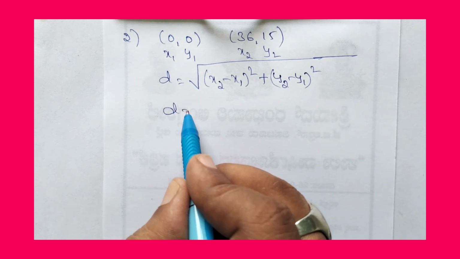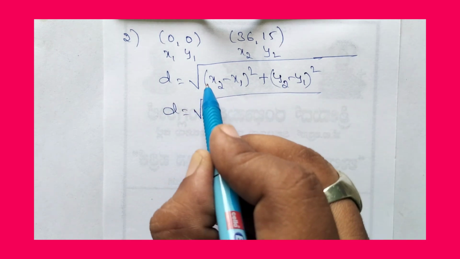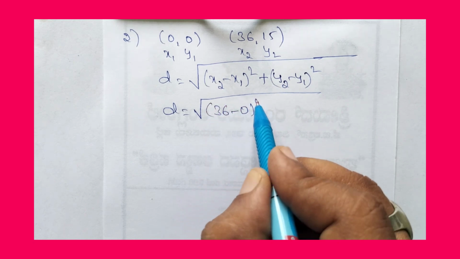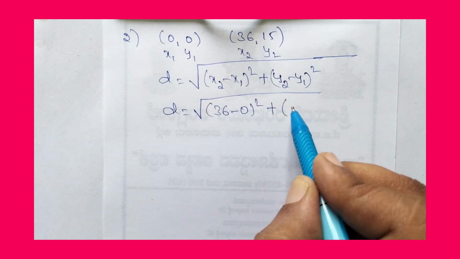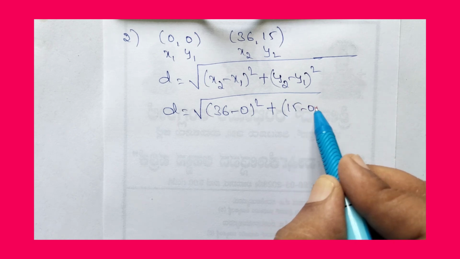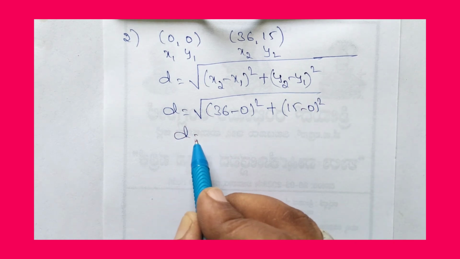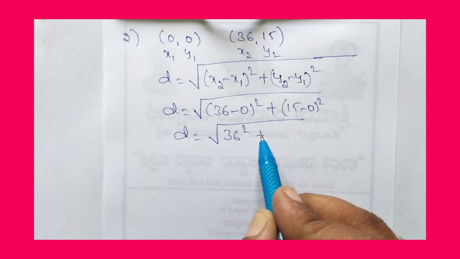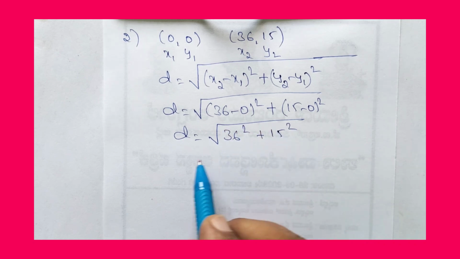So D is equal to square root of (36 minus 0) whole square plus (15 minus 0) whole square. So D is equal to square root of 36 square plus 15 square.